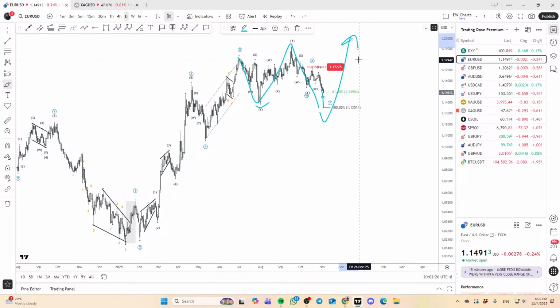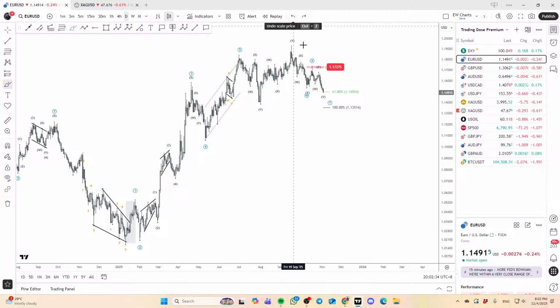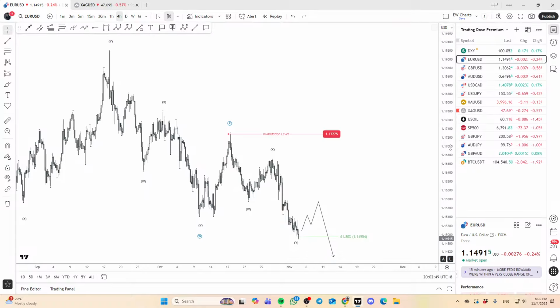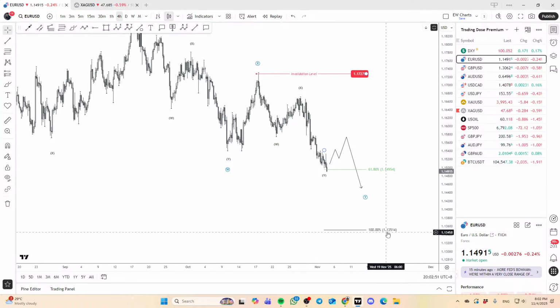Of course, we are looking at a daily scale, so things are going to take a little while to develop. But in the near term, and what I define by near term here is 1 to 2 weeks, just be clear on that, we are looking at a possibility where it can continue further lower towards 1.1350.